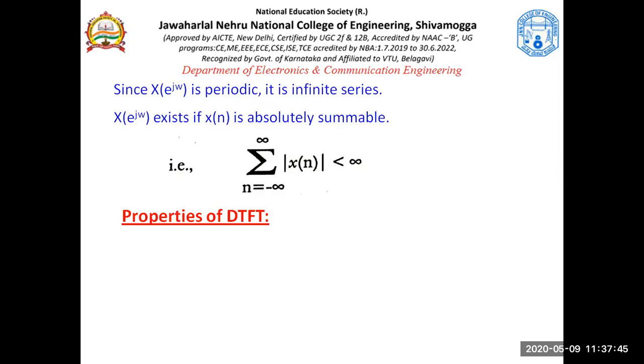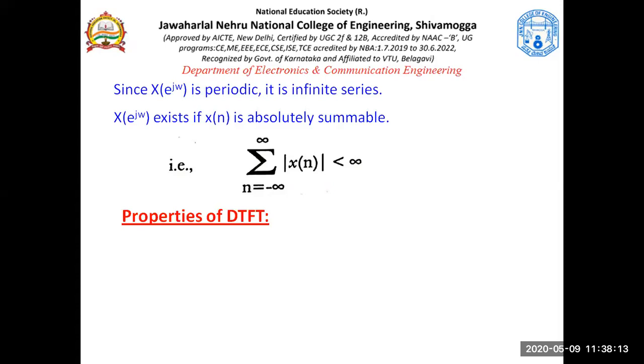So if you apply DTFT on the discrete time non-periodic signal x of n, then we get into the frequency domain, where we obtain the spectrum X of e power j omega, and X of e power j omega is periodic in nature. And the spectrum X of e power j omega would exist only if x of n is absolutely summable. That is what we've seen.